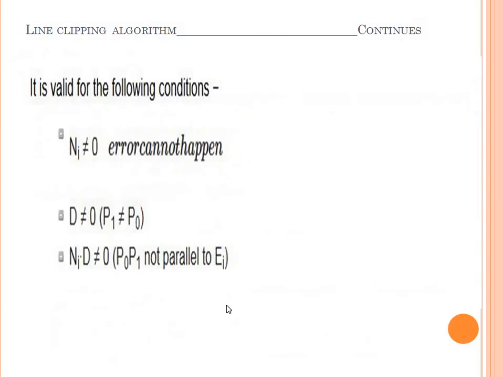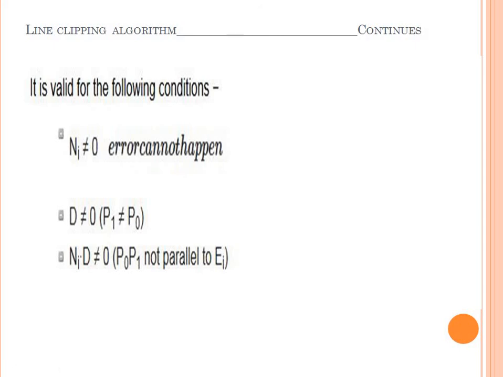Here these are the conditions: Ni is not equal to 0, d is not equal to 0, that is P1 is not equal to P0, and Ni into d is not equal to 0, that is P0 P1 is not parallel to the edge Ei.